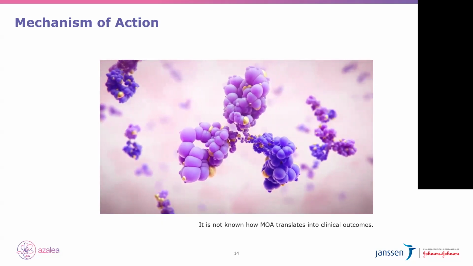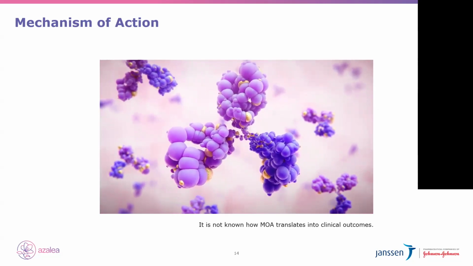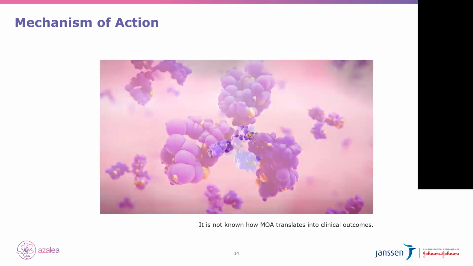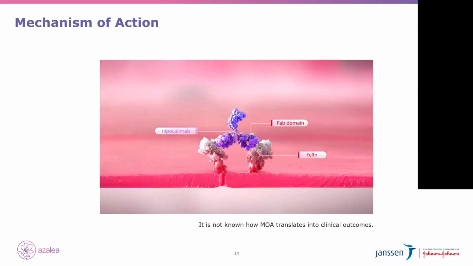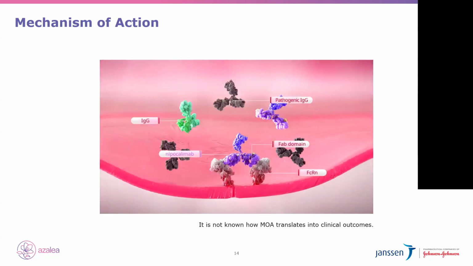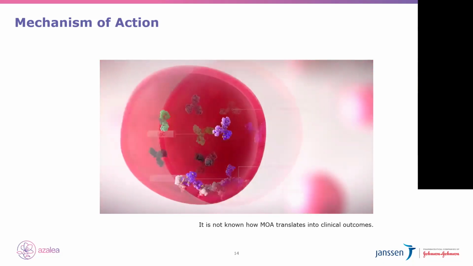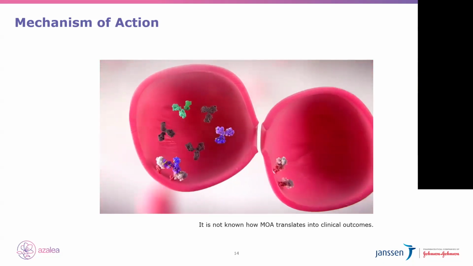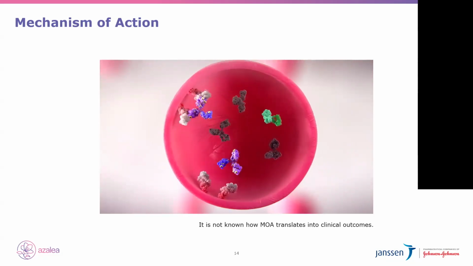Therefore, it does not trigger immune cell or complement-mediated mechanisms that may damage FcRn-bearing cells. Through its Fab domain, nipocalimab has been shown to bind FcRn with high affinity and high avidity across the whole life cycle of the FcRn function, at both extracellular and endosomal pH, throughout the IgG transport pathway.